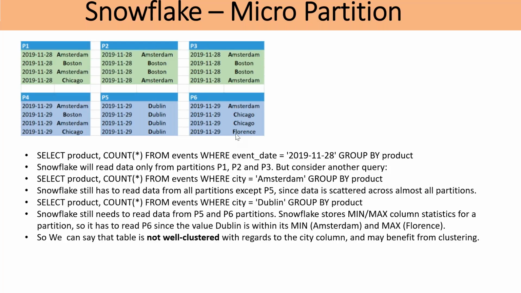No, sir. Then A is there in P1, P2, P3 also, right? Yeah, but we are querying for Dublin. See, if you look at P1, min is A, max is C. Min is A, max is B. Min is A, max is B. Here min is A, max is C. Here there is no spread, it's all only D. Here min is A, max is F. Okay, based on min and max values, that is where D can fall.